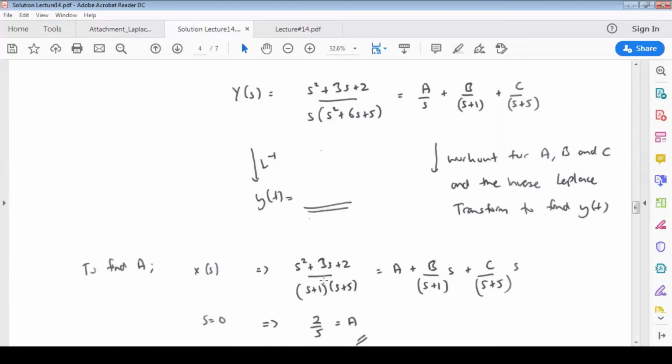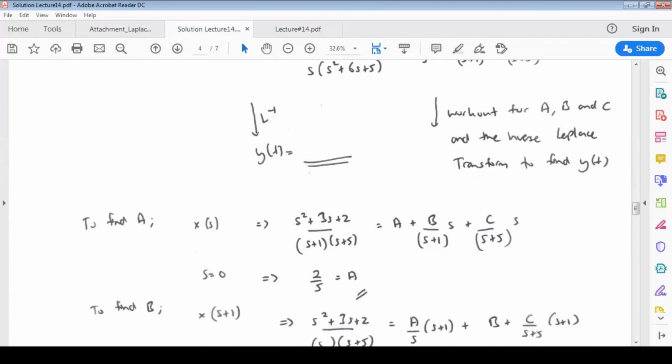So the left-hand side will be (s squared plus 3s plus 2) over (s plus 1)(s plus 5) because s has been cancelled out, whereas for the right-hand side, we're going to have these terms here. To find A, we substitute s to be 0 for left and right, so your A value shall be equal to 2 over 5.